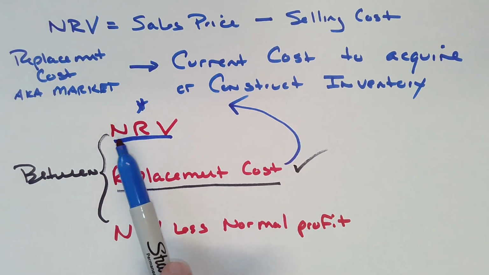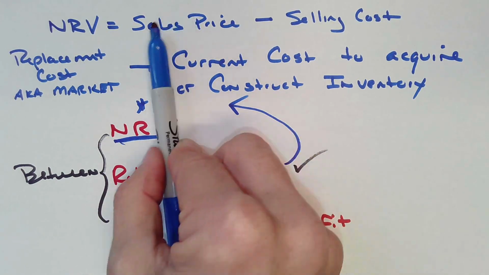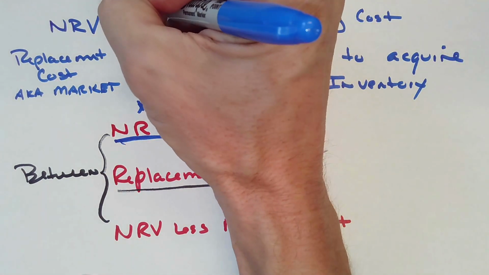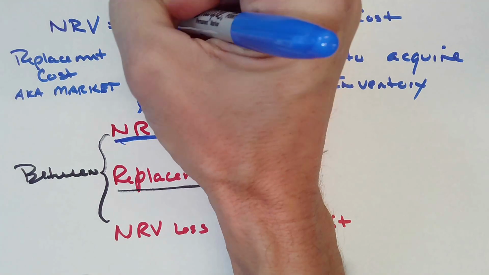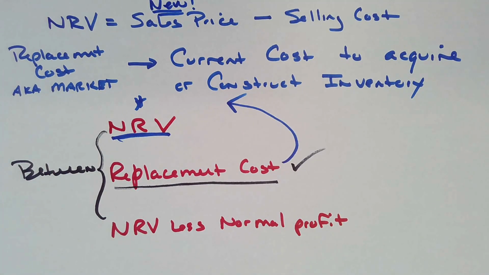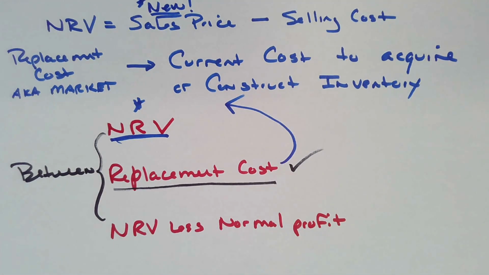Assuming that your net realizable value has the new sales price in it, right? This is all assuming we are using the new sales price. That's what this net realizable value has to think about.